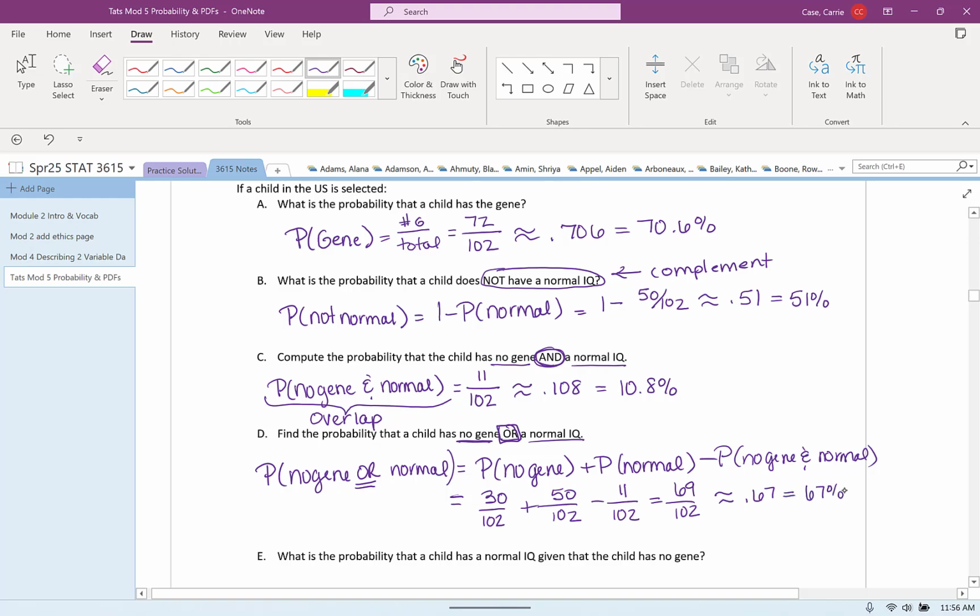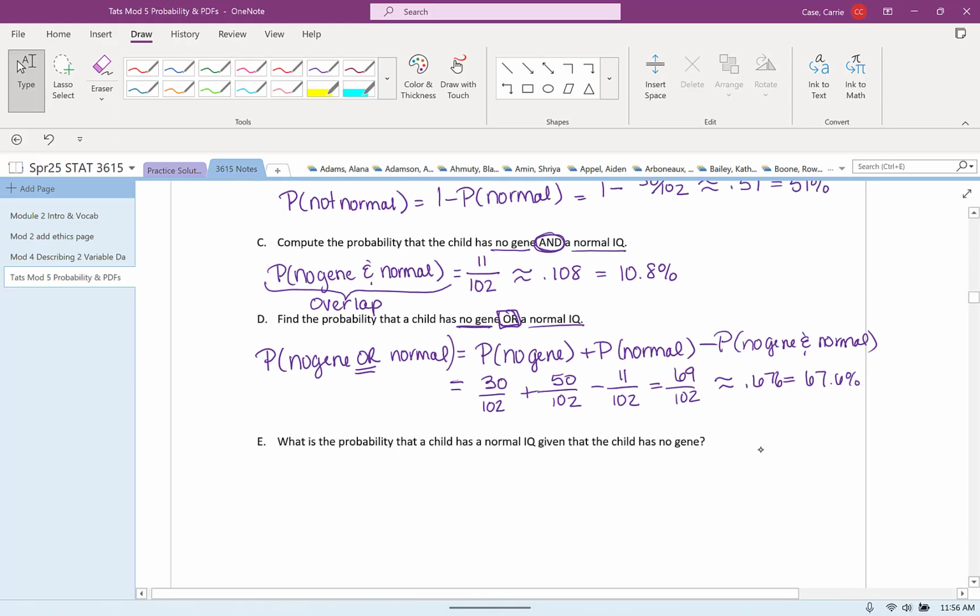By the way, it's 69 over 102, which is approximately 0.676, sorry, which is approximately 67.6%. All right, there are other ways to solve this particular problem, and if you see the other way, it will always work.